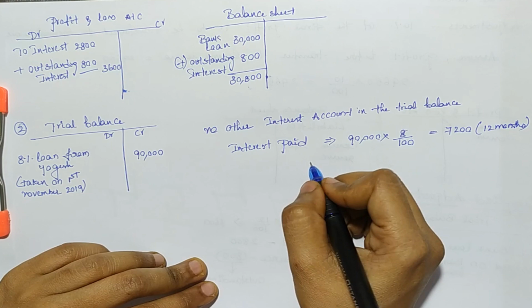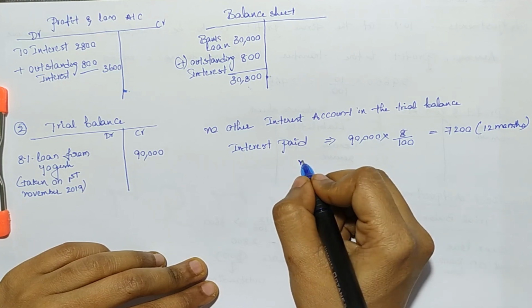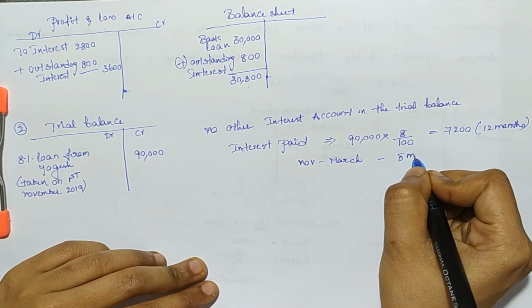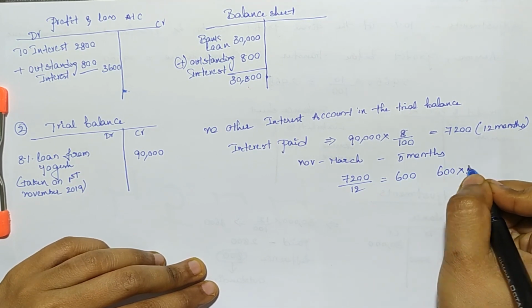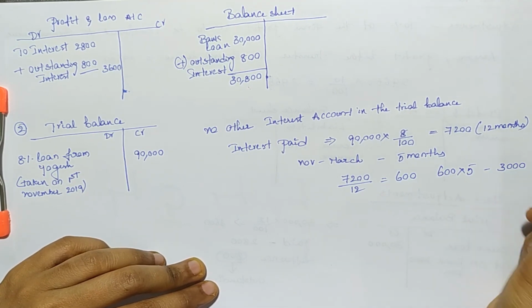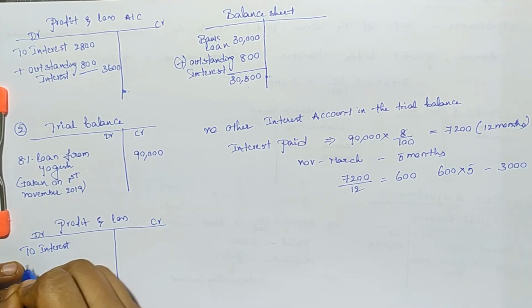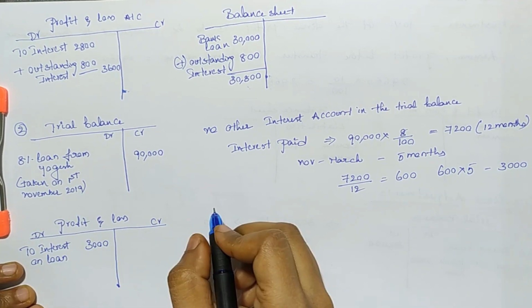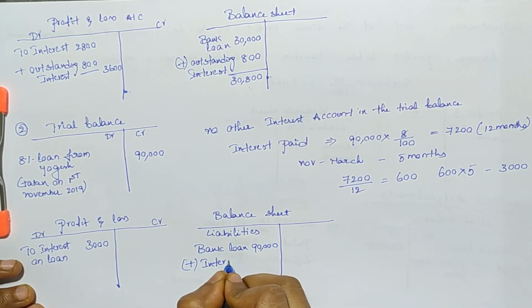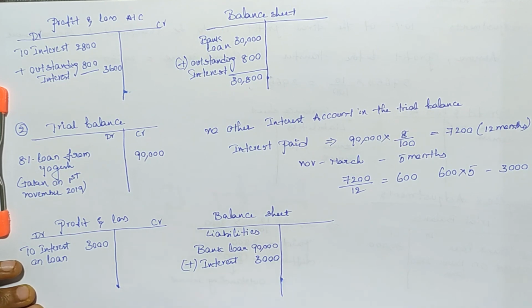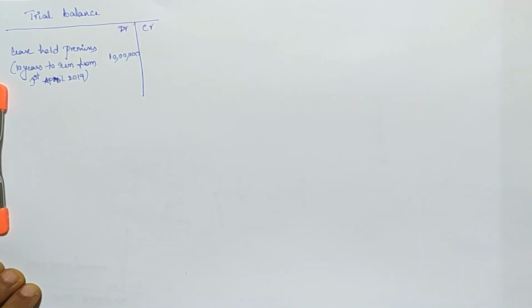This 7,200 is for 12 months. In the example, it is clearly given that the loan is taken on November. So, 7,200 divided by 12 into 5, which comes to 3,000. This amount we mention on the debit side of the profit and loss account as interest on loan, and we will add this interest amount to the loan amount on the liability side of the balance sheet.